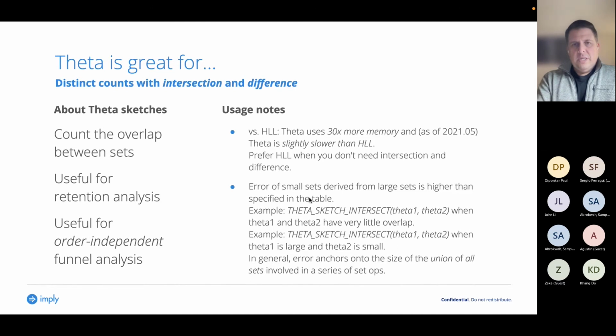The nice thing about all of these sketches is that Druid provides SQL functions for them. So rather than having to code your complex intersections, Druid has taken away that complexity and built in functions. So I can just say, what's my intersect between theta 1 and theta 2, right?